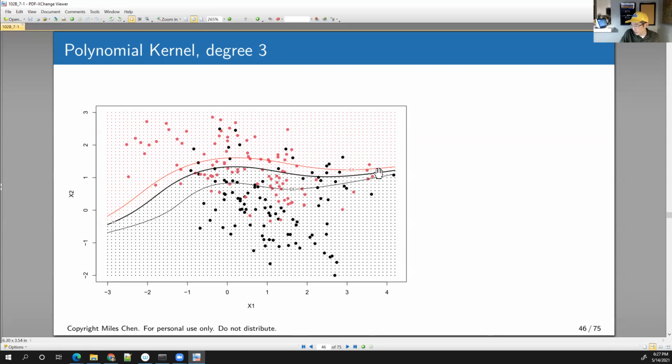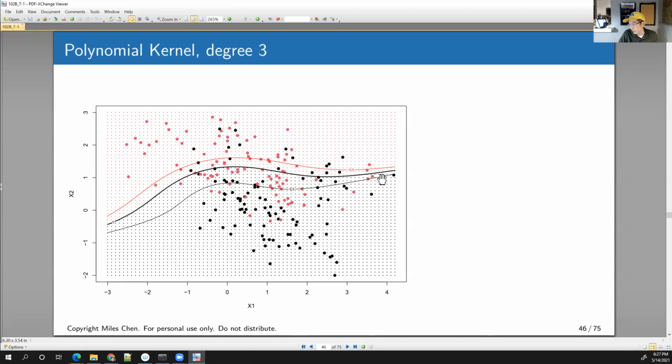And these lines are technically parallel planes, okay? So in the higher dimensional space, you can imagine planes that are parallel to that boundary plane. Those parallel planes, when they get cast back down into 2 dimensions, would draw these lines.